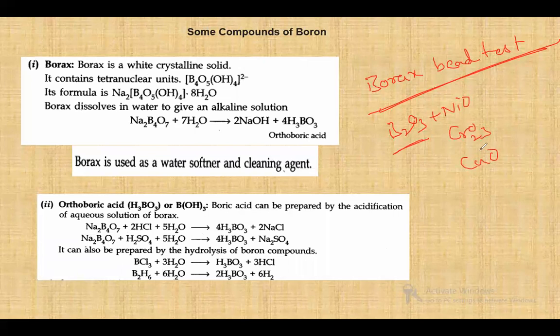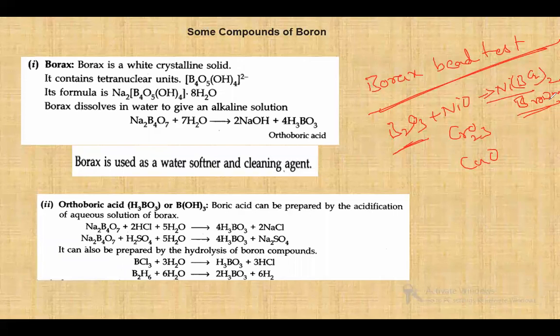Treated with nickel oxide, it forms nickel metaborate, Ni(BO2)2, which is brown in color.